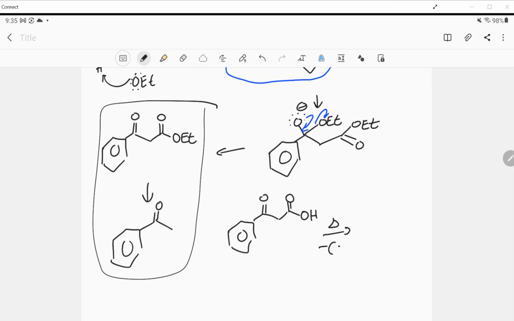Remember, if we can remove CO2 from this by heating it up. So decarboxylation is a great way to remove a single carbon if it's got the carboxylic acid there. We can decarboxylate. So very useful little bit there.